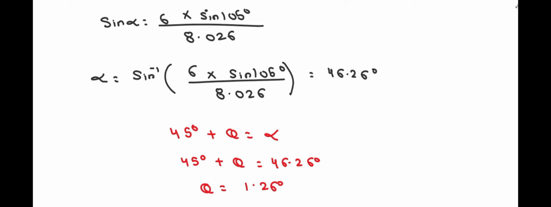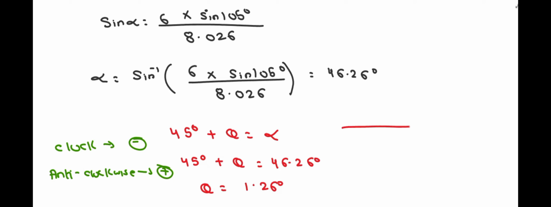Now we can measure the angle in two different ways. One is anti-clockwise and the other one is clockwise. Whenever we measure the angle in the clockwise manner, it should be taken as negative. And whenever we measure the angle in the anti-clockwise manner, it should be taken as positive. Now let's draw a diagram. This is basically our 4 kilonewton force.